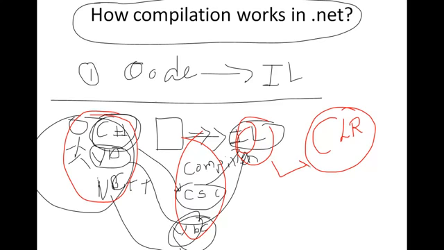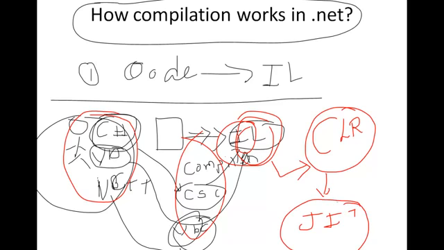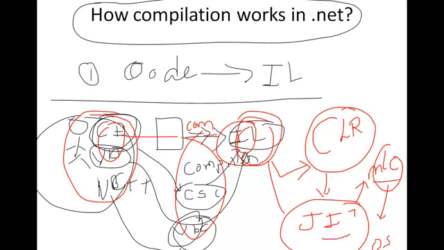CLR takes this compiled code, which is IL, and passes it to something called JIT. JIT converts this IL to machine code which can be read by the operating system, which will execute the exe. In short, the developer writes code which is converted into IL by the compiler, which is converted into the final machine code by JIT, and this machine code is understandable to the OS, so the OS can execute it.